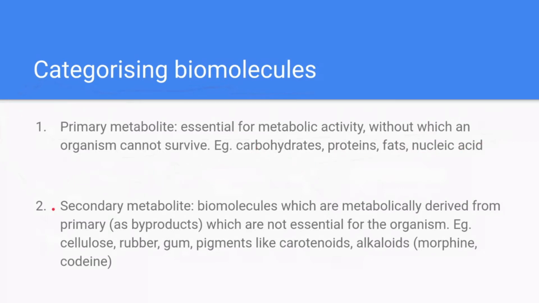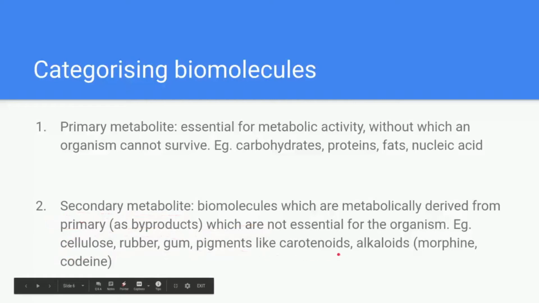And then you have a secondary metabolite, which is derived from the primary metabolites by some chemical procedures as byproducts, and is not essential for the functioning of the organism, such as cellulose, rubber, gum, carotenoids, alkaloids. Alkaloids are, if you didn't know, morphine, codeine, cocaine, those types. So if you remove them from the organism, they don't matter, basically.